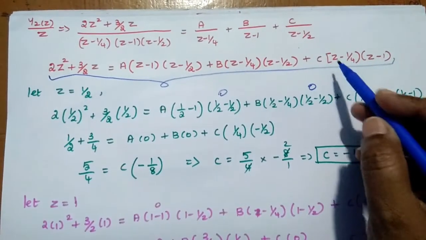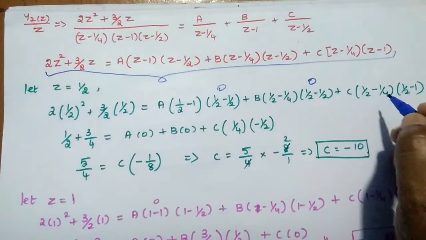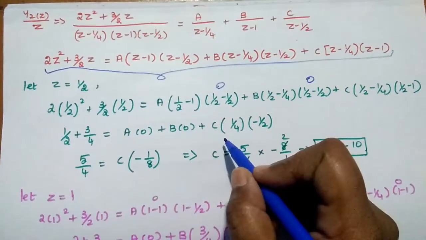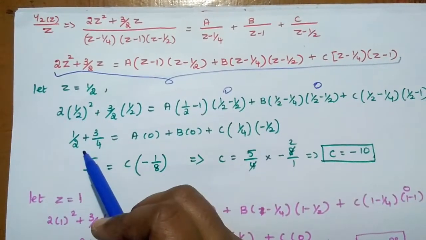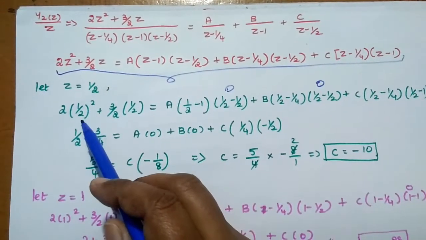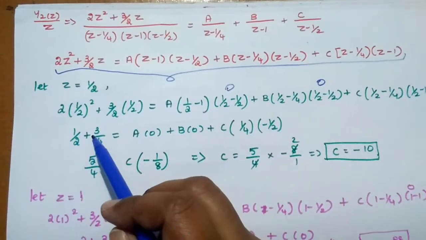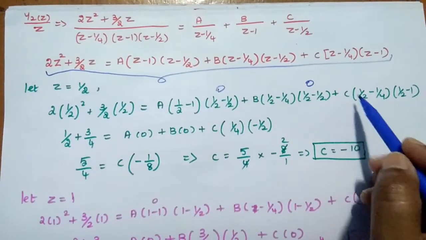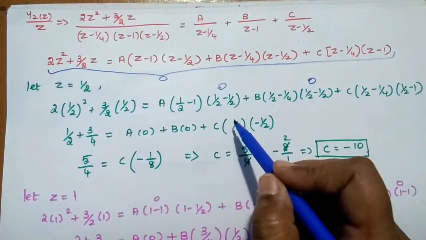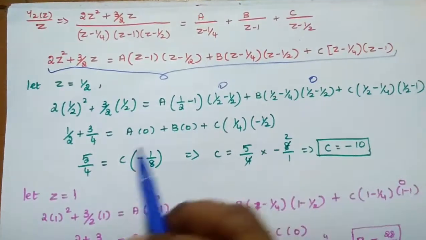And c, this side: (1/2 minus 1/4) into (1/2 minus 1). So from this we are going to get the c value. Here it becomes 2 divided by 4, since 1/2 squared is nothing but 1/4. So 2 divided by 4 is 1/2, plus 3/4, that is equal to c into (1/2 minus 1/4), which is plus 1/4, and 1/2 minus 1 is minus 1/2.